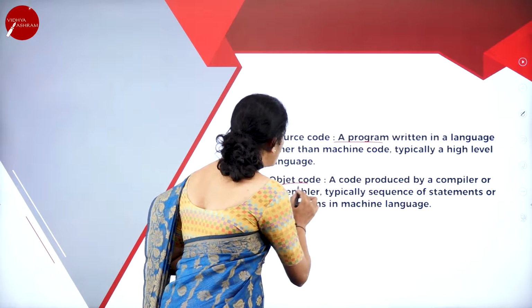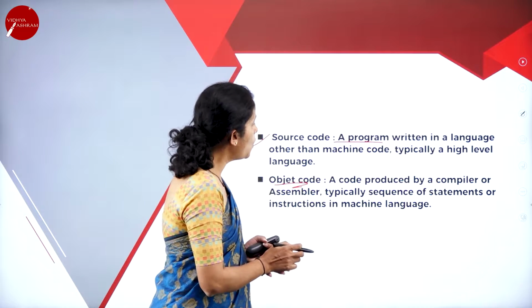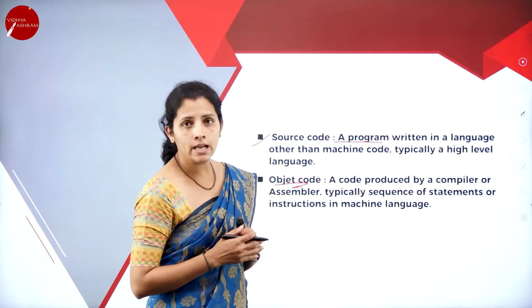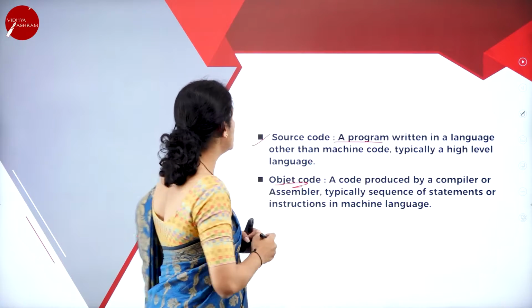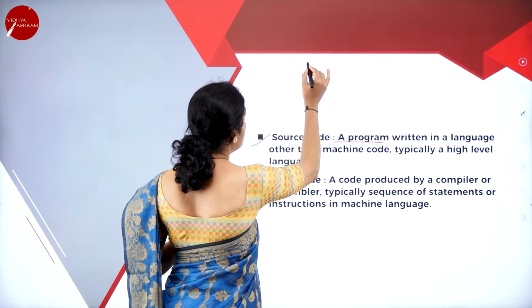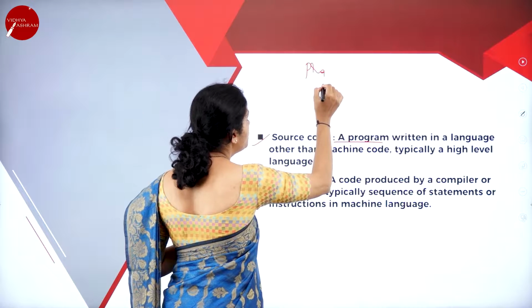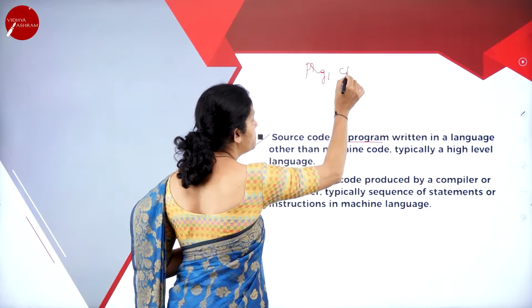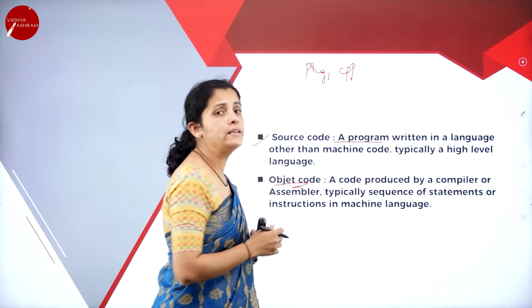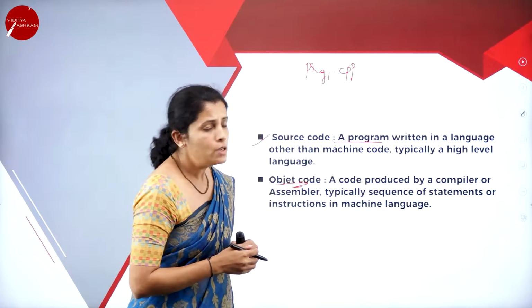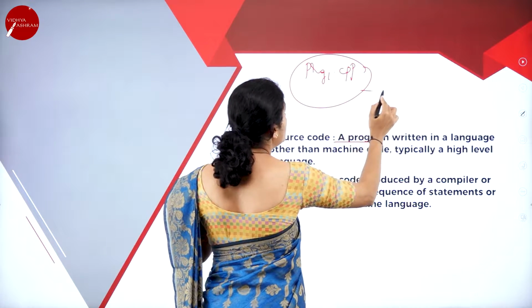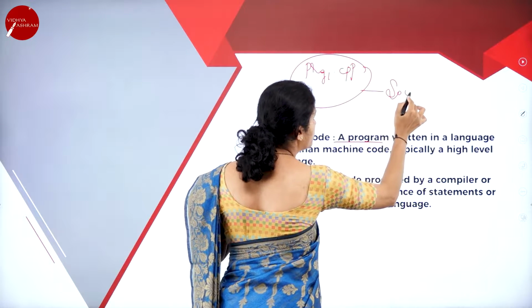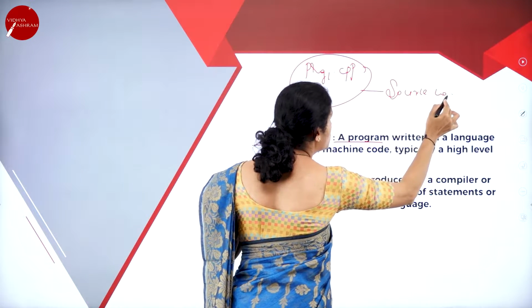Then what about object code? A code that is produced by the compiler. Dear student, just consider the example that I'm going to write program 1.cpp. Think that this is my C++ program. So this program itself is called my source code.